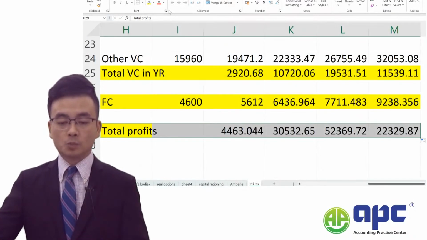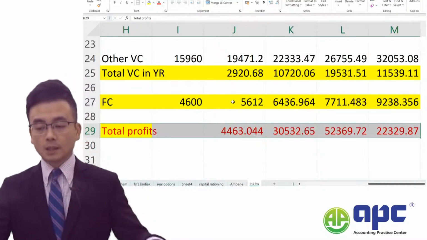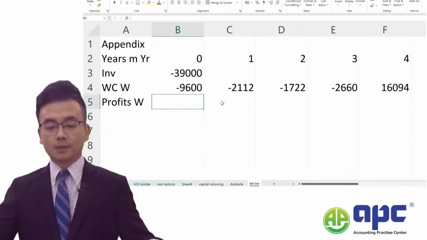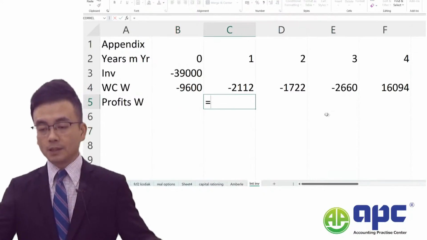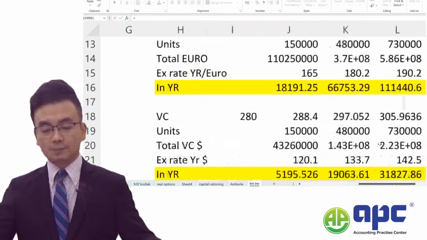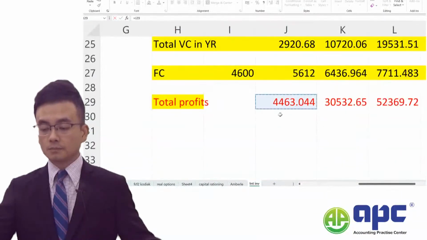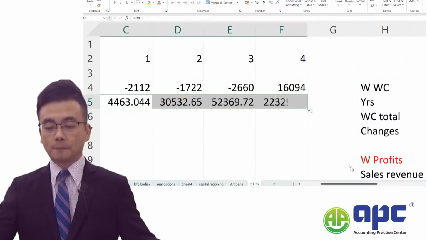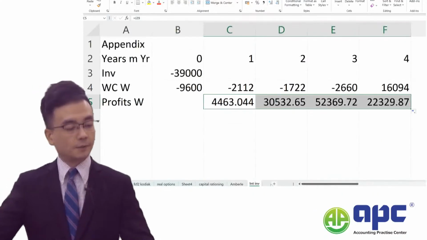And this is what we are focusing on. Let's load them back into our pro forma, the profit from year one onwards, that equals this cell. Press enter, and then drag it here. Just leave it there, really.